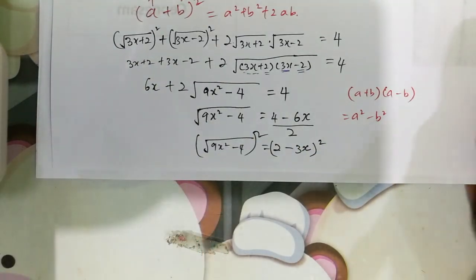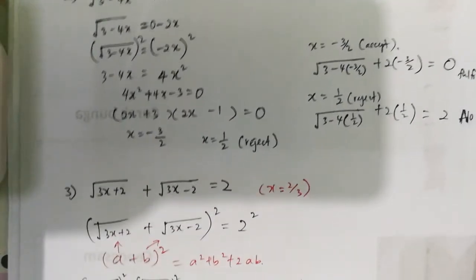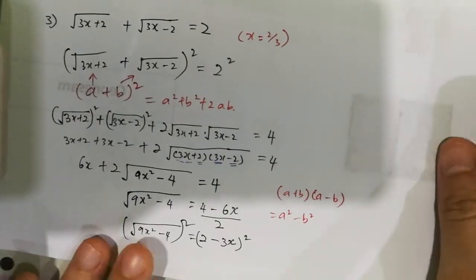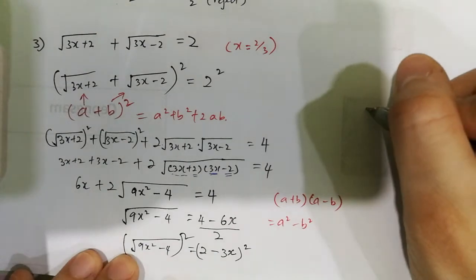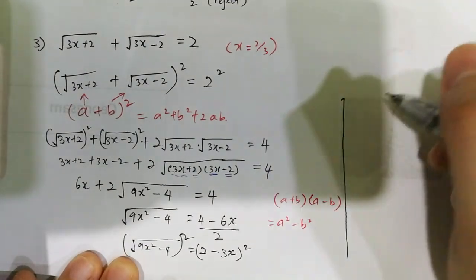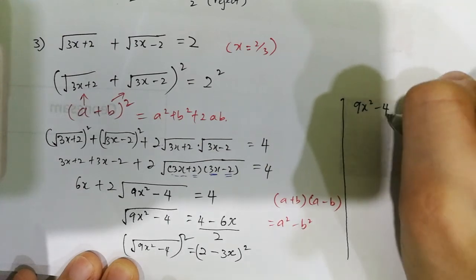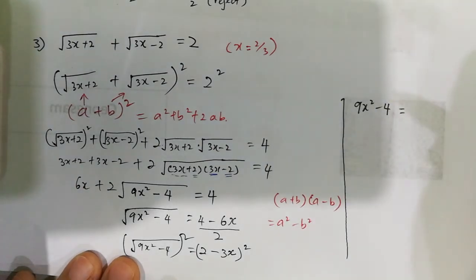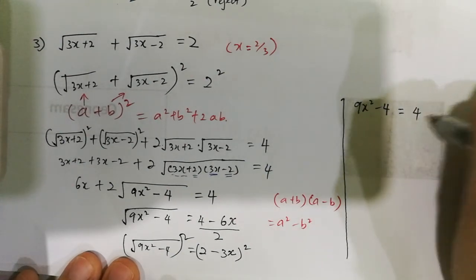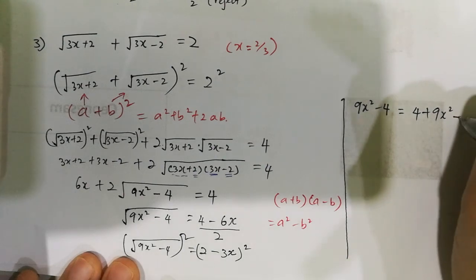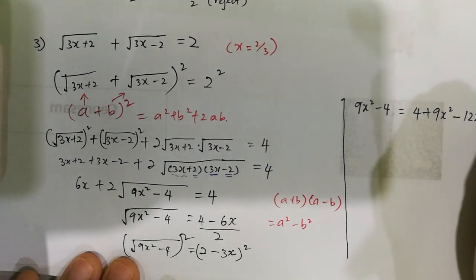After I square, I will get, this part I remove the square root, because it's square of the square root. So here I will get 4 extension, minus 12x.